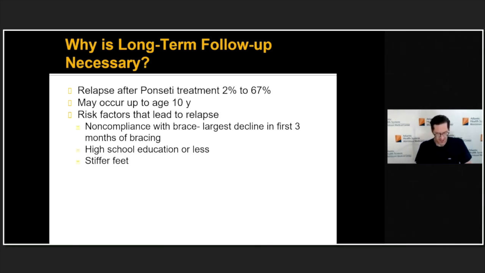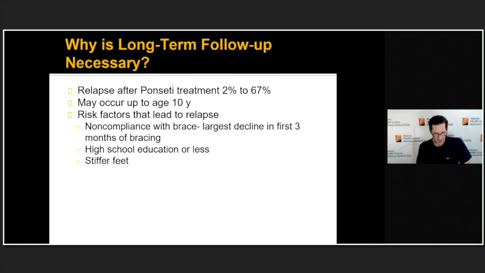Long-term follow-up is necessary because the main problem with Ponseti treatment is that there's a prolonged treatment course, and the relapse can be high if there's loss to follow-up or any deviation from the Ponseti treatment methods. And this relapse may occur up to 10 years of age.